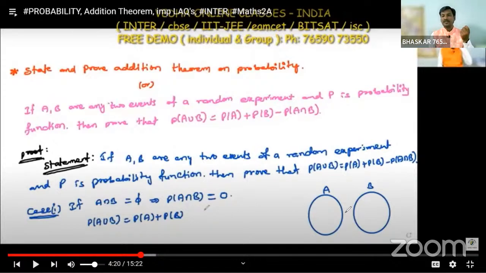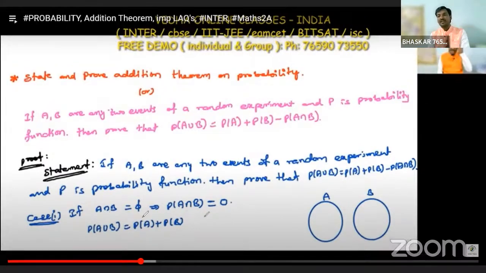Okay, so one is if A intersection B is not equal to phi, and if A intersection B is equal to phi. If it is equal to phi, then the intersection, the common part, is 0. There is no common part between A and B. So that's why A intersection B is equal to 0. Okay, so there is no common elements here.